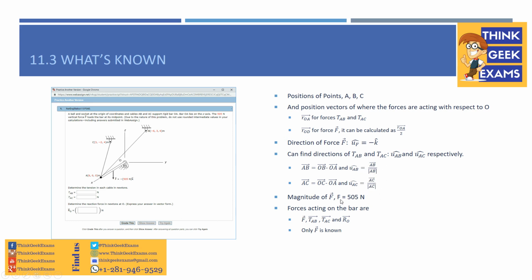We also know that the magnitude of the force is 505. Another thing that we know is the number of forces being applied on the bar is 4, and they are force F, the tension AB going from here to here, tension AC going from here to here, and there's the reaction force RO that's being applied at the ball socket position. So those are the forces, and only F is known. Everything else is unknown.